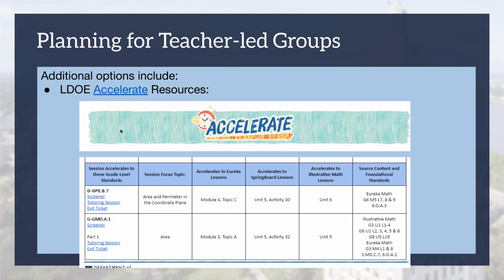And so then we have the Accelerate resource. You can utilize this as one of your teacher-led groups. There's a screener, which is a diagnostic.